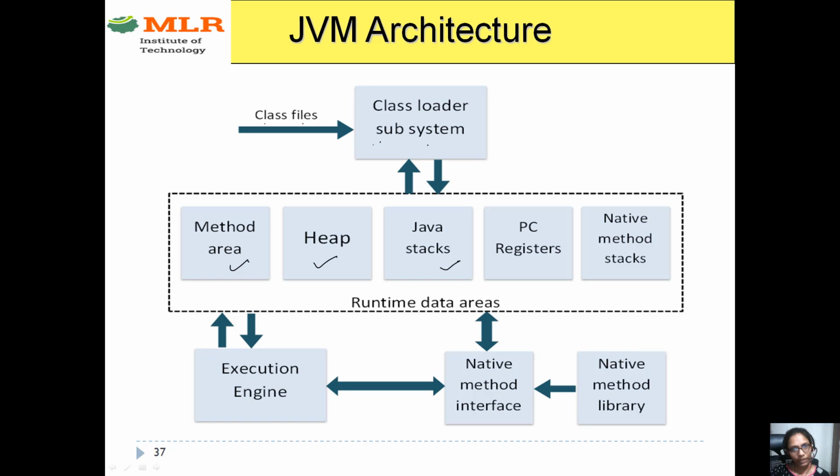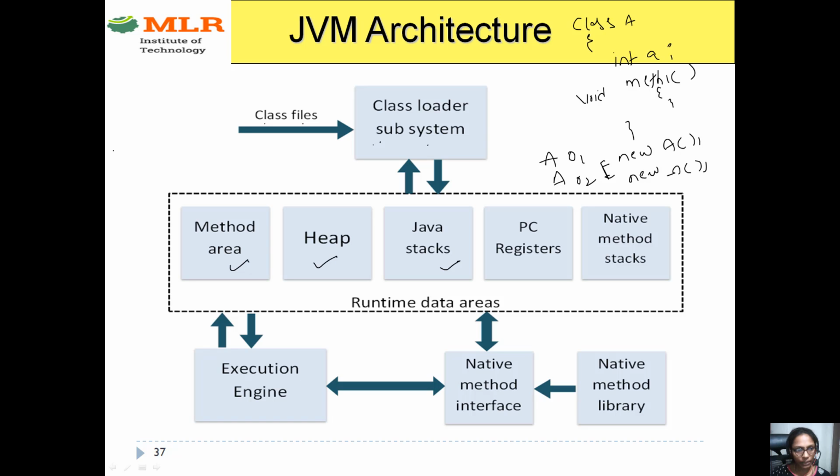If it is a method, for example, consider we have a class with an int a and a method meth1, void meth1. Now whenever you create objects O1 and O2, memory will be allocated for each. In O1, the memory will be allocated only for the data item a, and for O2 also only for the data item a.